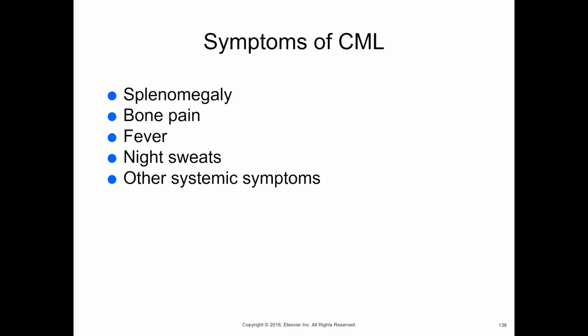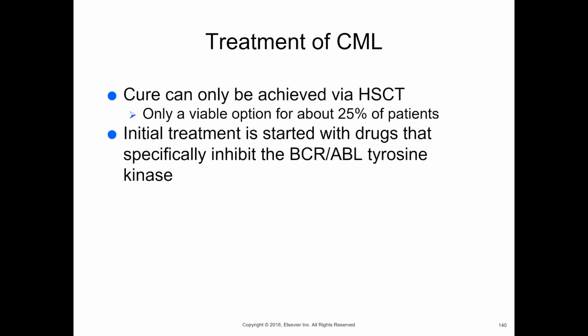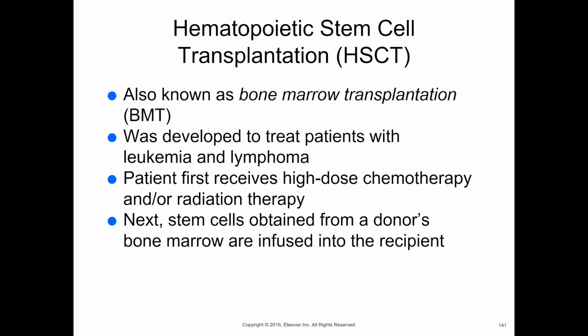You see all of these things at once, and you definitely know you need lab work in that patient. Treatment, again: only about 25% of the patients can get a hematopoietic stem cell transplant, and that's the only way to truly cure it.